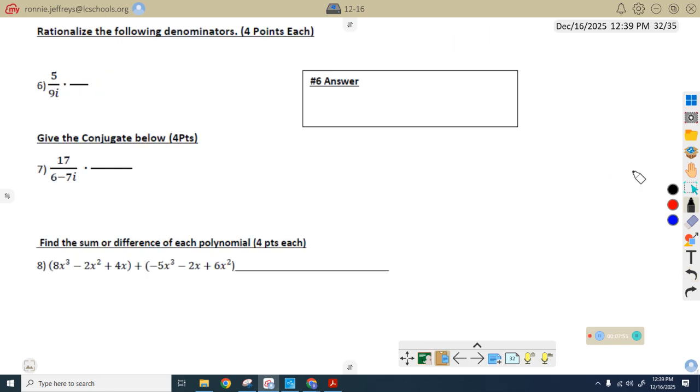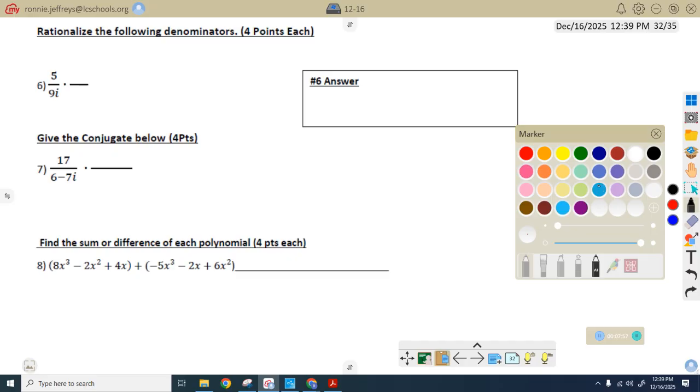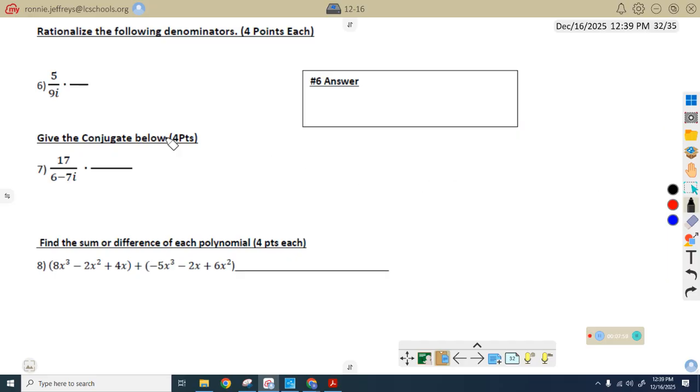All right. I think a lot of people may have missed this one because you may have copied something down from your orange sheet wrong or something. Remember, i squared is negative 1.